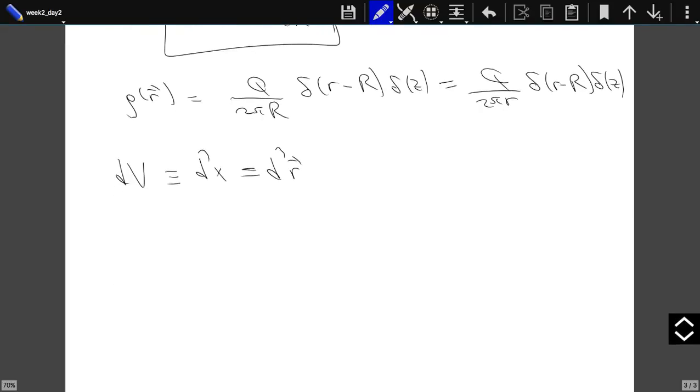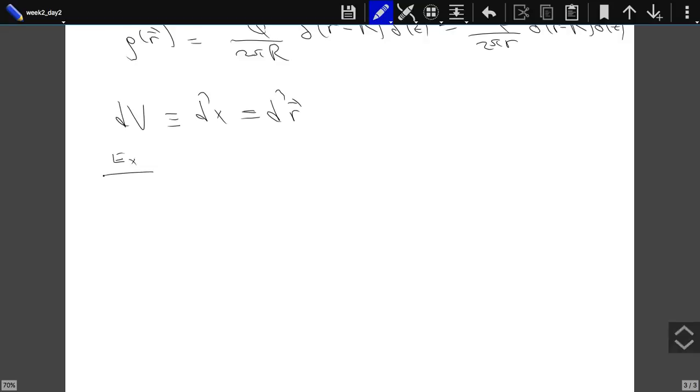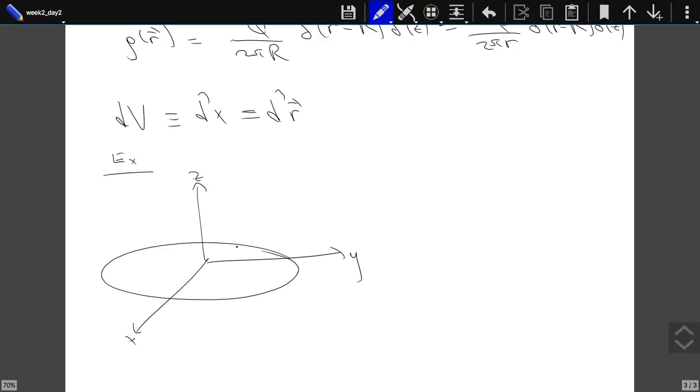Now let's do the disk. Well, let's also imagine not a very thin disk, but a disk with some thickness.